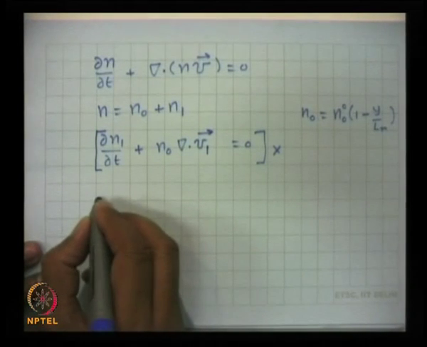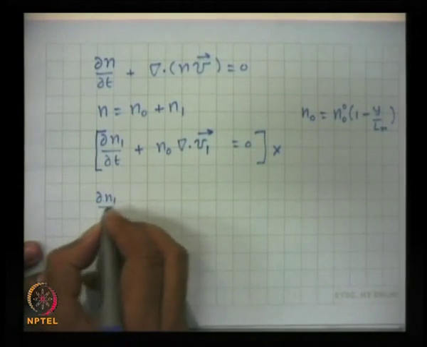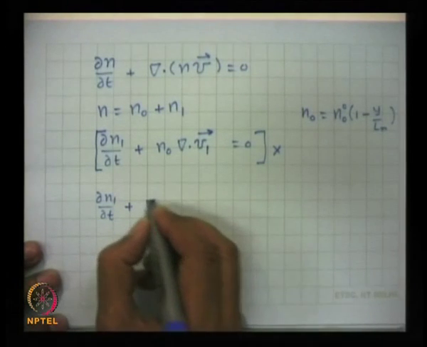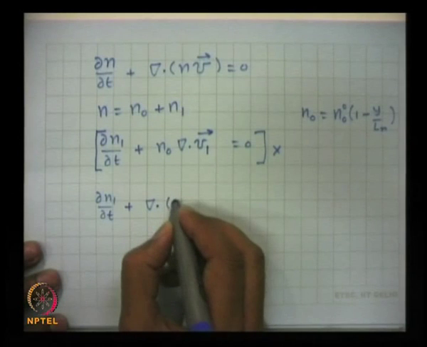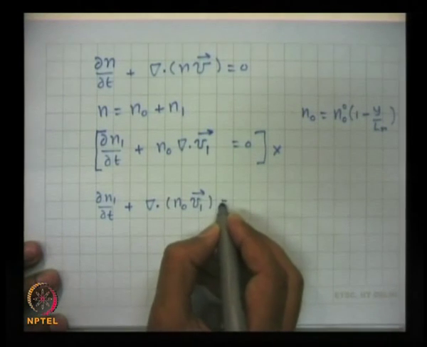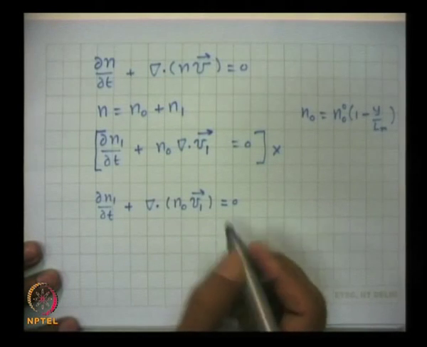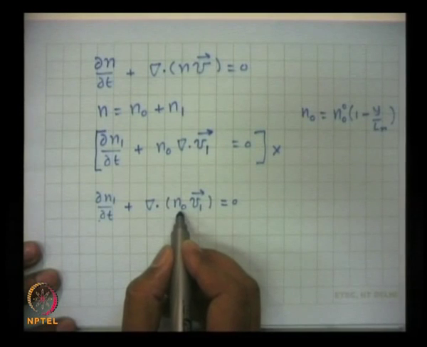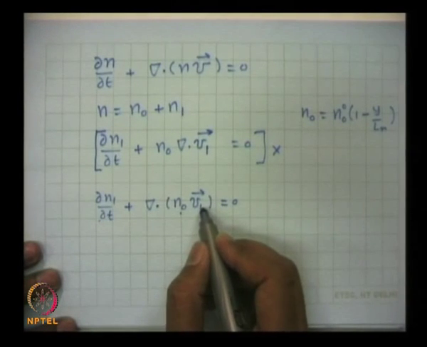I will get delta N1 by delta t plus divergence of N0 V1 equal to 0. This equation, please remember, N0 depends on y and V1 depends only on x.